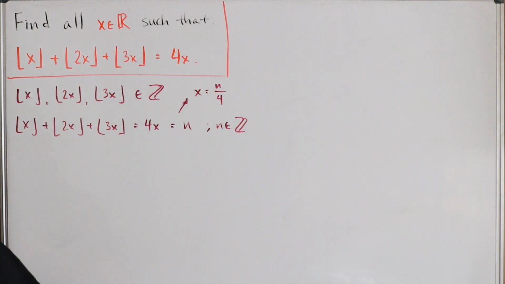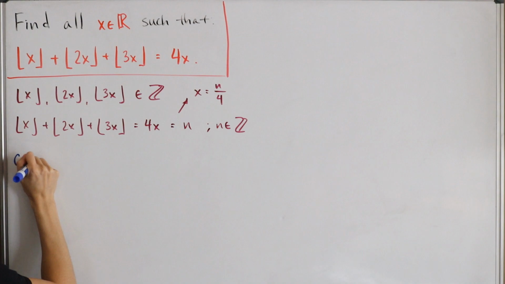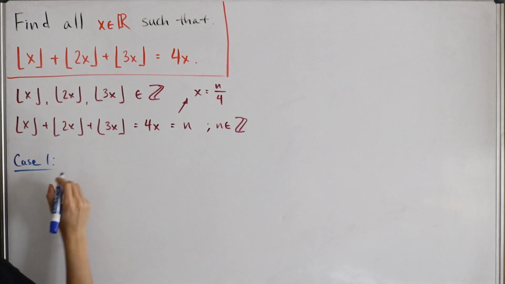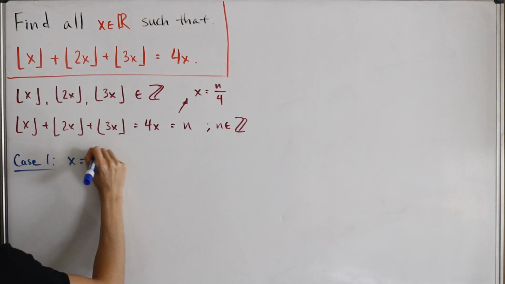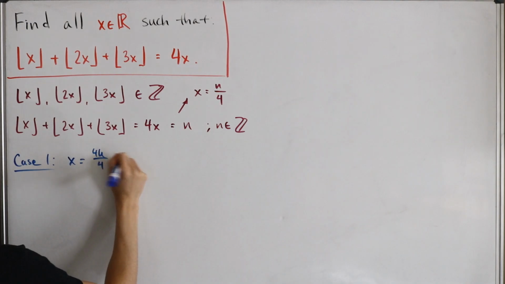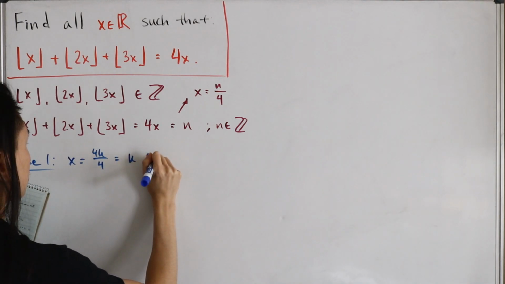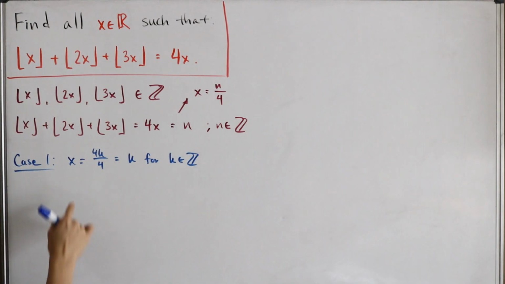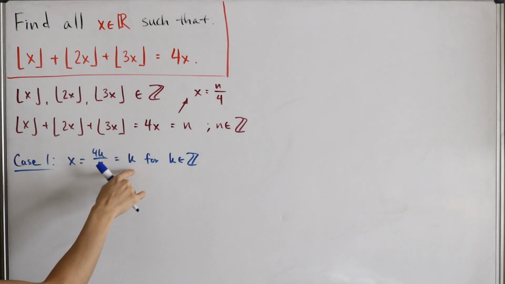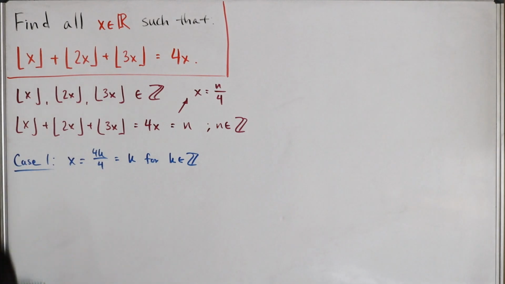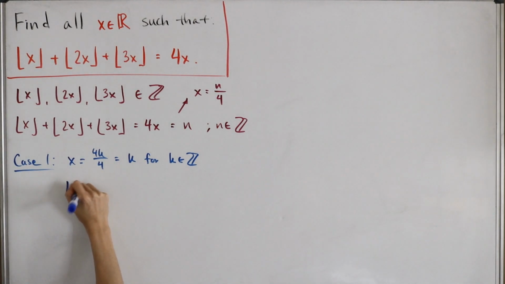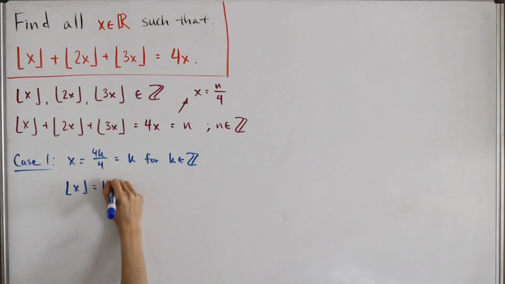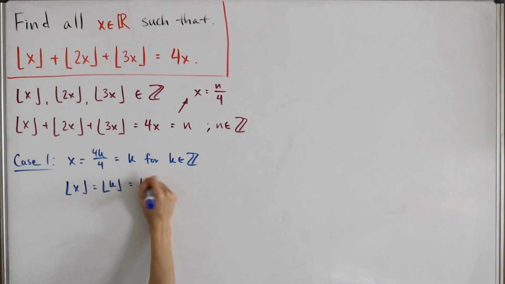Case number 1 is where the numerator n is going to be 4k. So if I put this back in, x is equal to 4k divided by 4, therefore it's just equal to k, such that 4k is an integer. So the floor of x is going to equal the floor of k, which is just k.